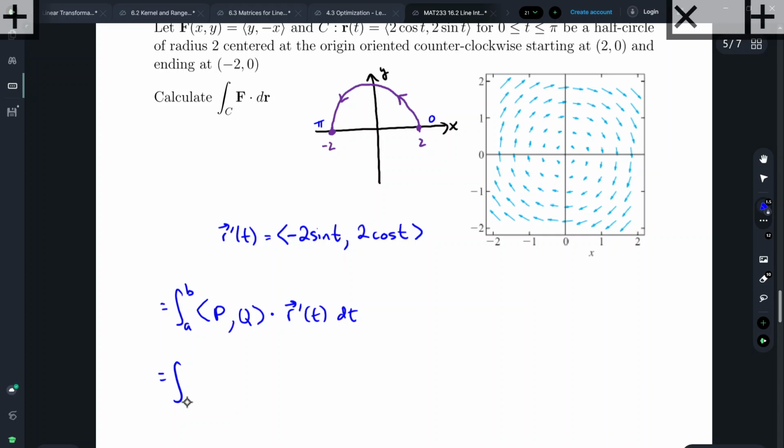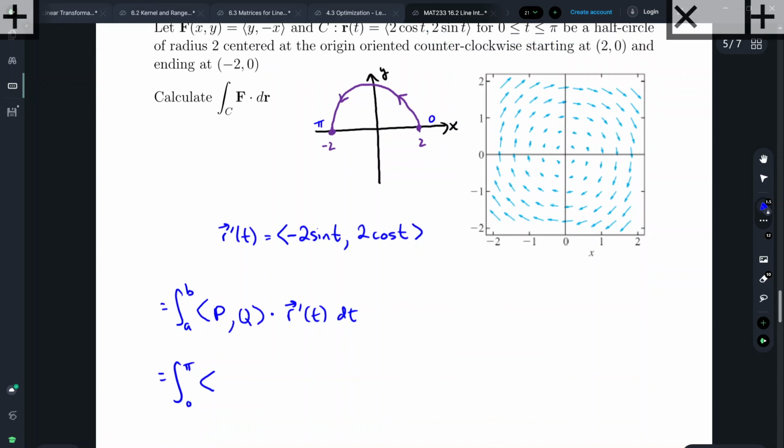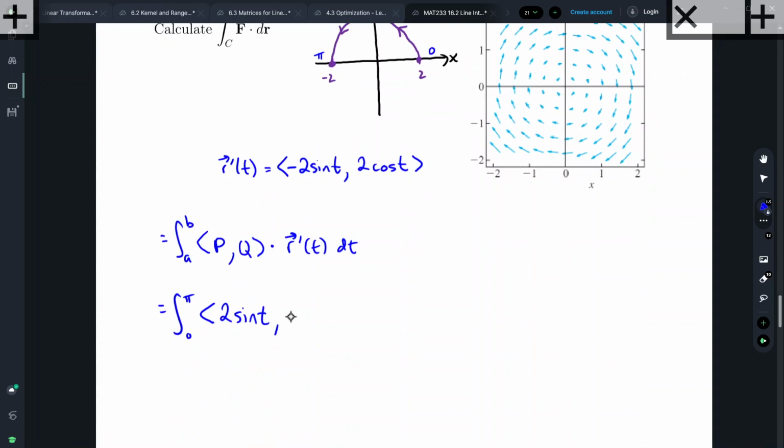So the integral becomes from 0 to pi. Again, p is y, which is 2 sine t. And then q is minus x, which is 2 cosine t, so you get minus 2 cosine t.